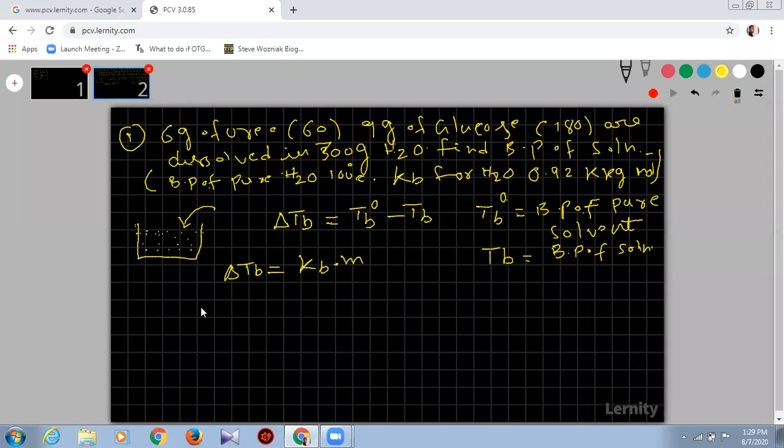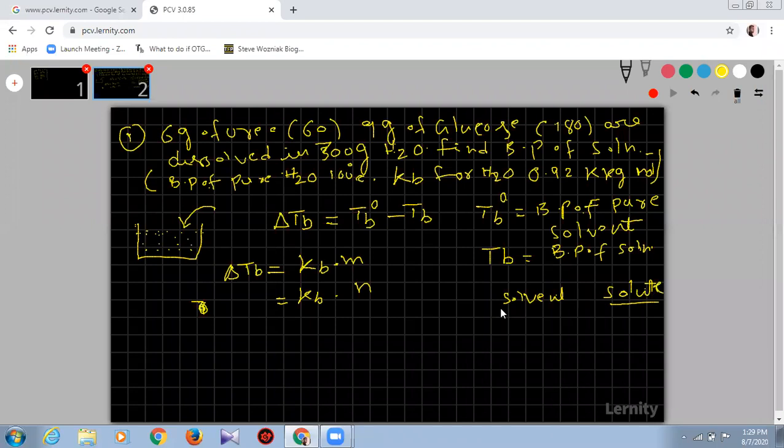Now, Kb into molality, which means number of moles of solute. Already KNMS students would be aware of this; I used to give the notation: solvent and solute. Try to follow one notation completely.